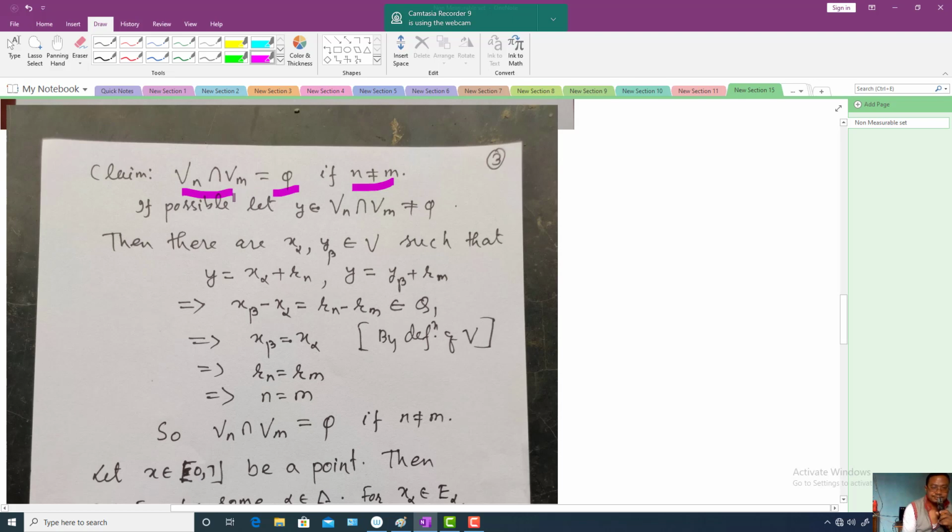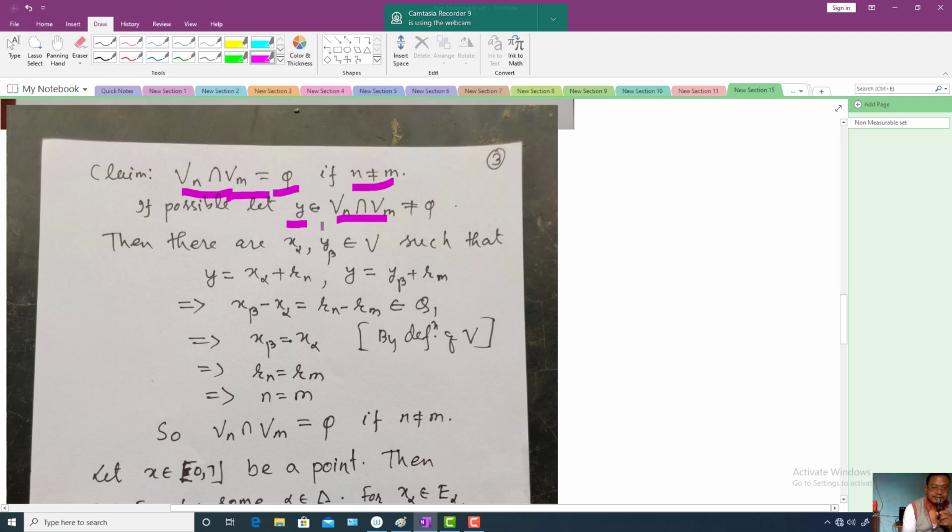Let us prove that one. If possible, let us assume that they are not disjoint. If they are not disjoint, it means the intersection is non-empty, so there will be a common element. Suppose, if possible, we take one point y in the intersection of Bn and Bm, meaning y is a member of Bn and y is also a member of Bm.